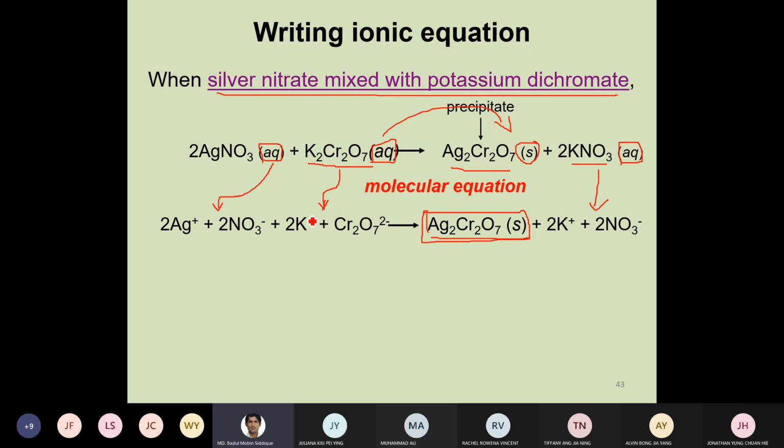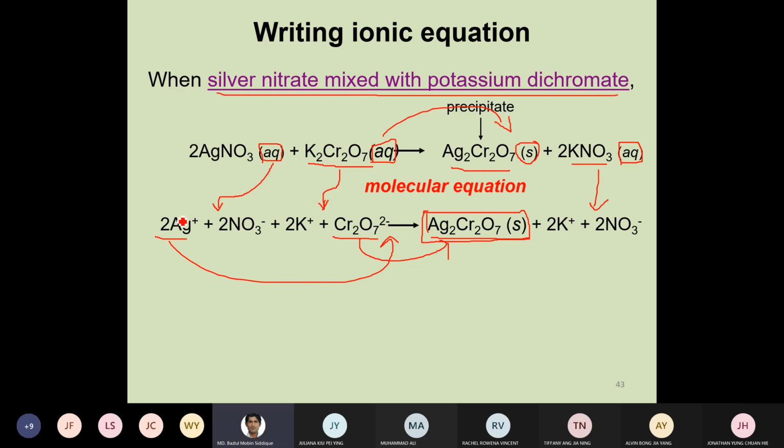So at the end of the reaction, we understand that silver and this chromate ion actually came together. They broke up from these two things, and then they came together and formed silver chromate. This is the bright ruby-color powder.